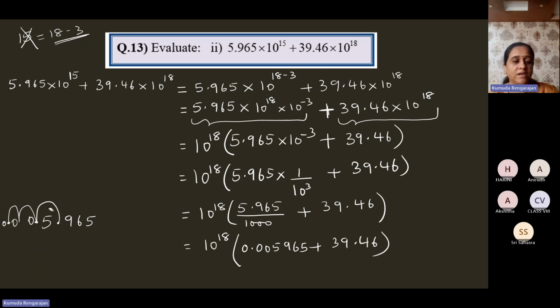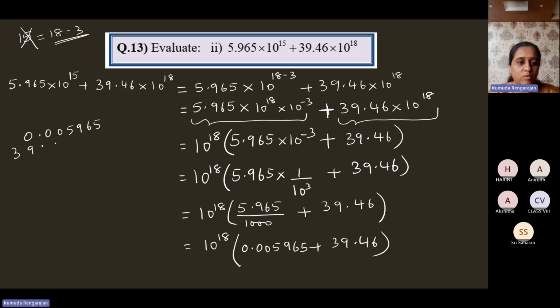Now you need to add these two numbers in the bracket. So what do you get? 0.005965 plus 39.46. See how you should place the numbers.